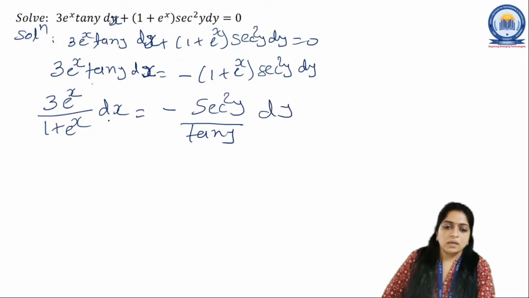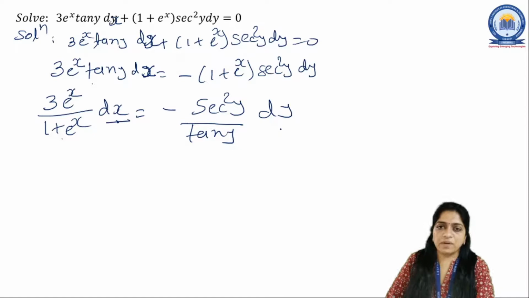See, the multiple of dx is a function of x, and the multiple of dy is a function of y. So if we keep our given differential equation in this form, in which the multiple of dx is a function of x only and the multiple of dy is a function of y only, then we can apply the variable separable method.